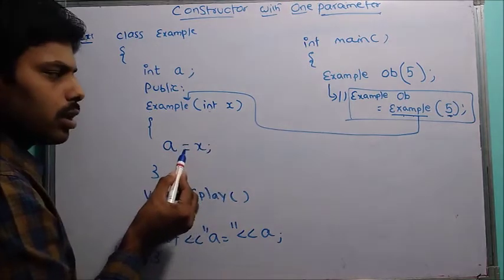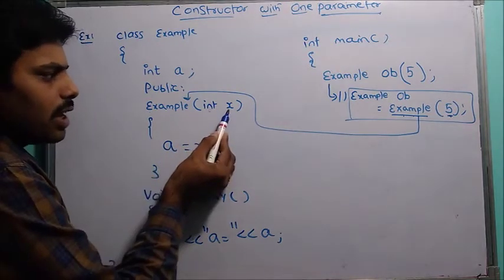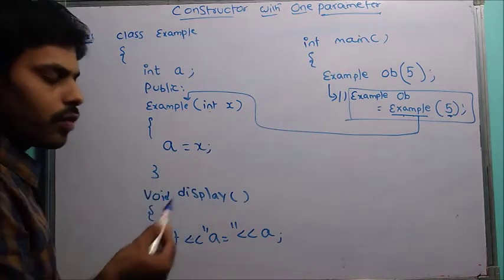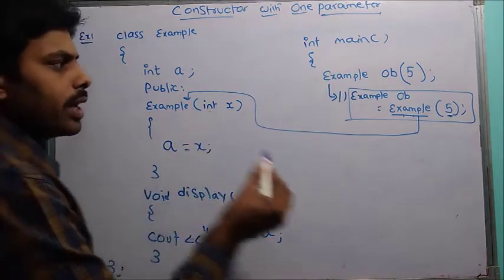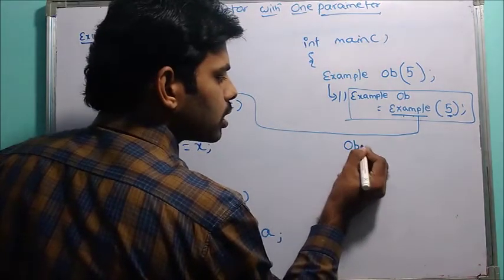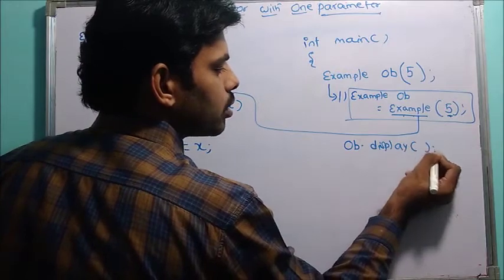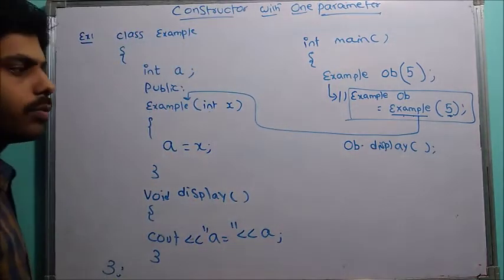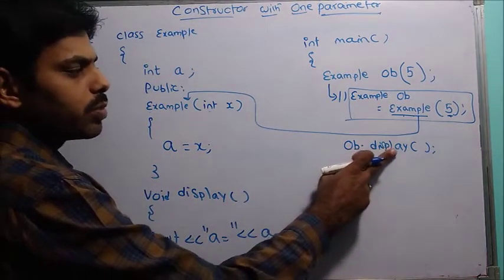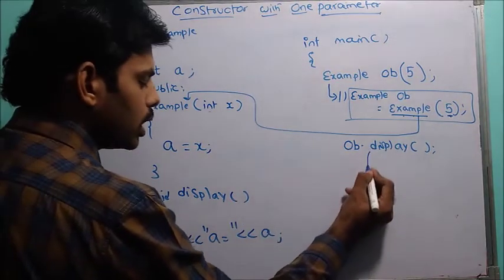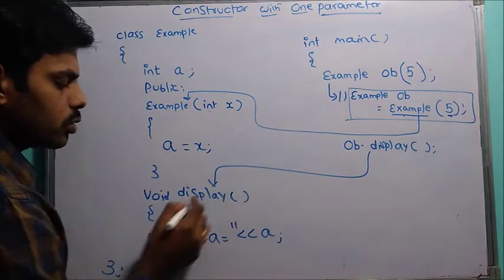So in that, x value is 5, so a equal to 5. The 5 is assigned to a. Next, I am calling the normal member function display, so it will be called using object dot display. OB dot display.